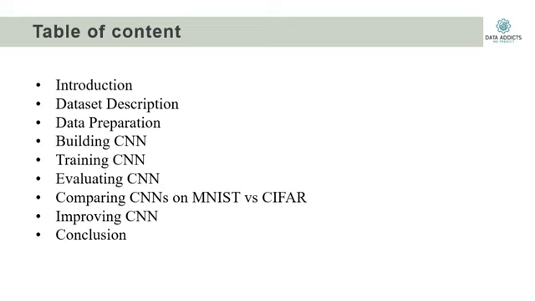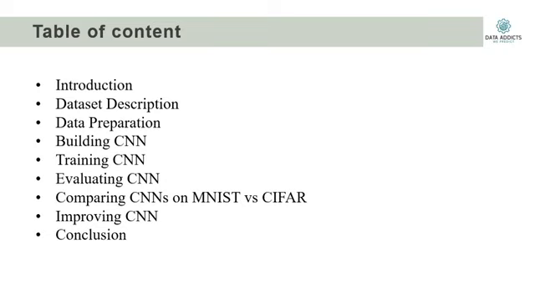In my project, I will work on the following bullets that you can see. First, I want to start with an introduction, then I'll go to the dataset description. I'm going to talk about the characteristics of the dataset. Then I'm going to talk about data preparation, what I did on the data to make it ready for building my convolutional neural network.